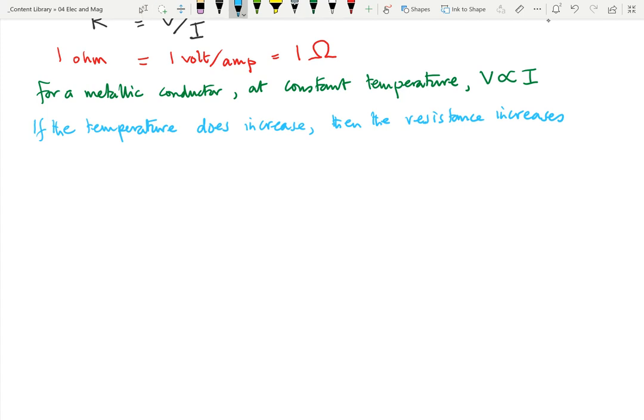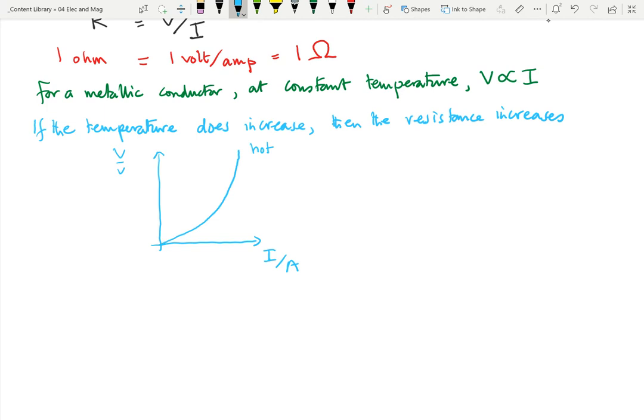So here's a picture. We've got the same voltage against current on the axes, but you find that after an initially quite straight line, it starts to go up like that. And this shows that the resistance is increasing as it gets hotter.